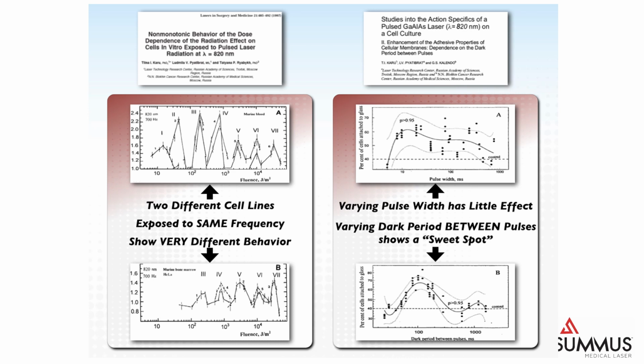There are also studies that show that if you take the same type of cells and change the pulse frequency, it shows a different behavior. So we do know that applying different rates or different modes of delivery to the patient, whether the laser light is in continuous wave or different pulse frequencies, we will get different physiological effects.